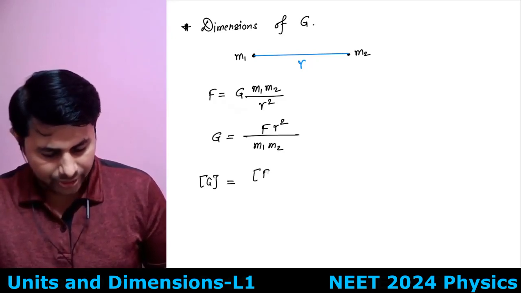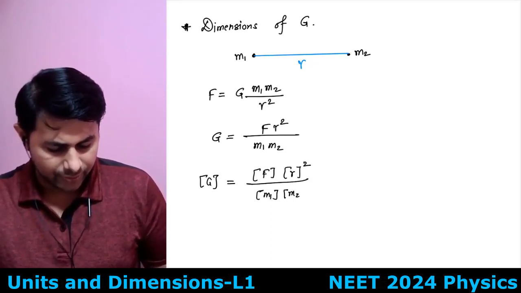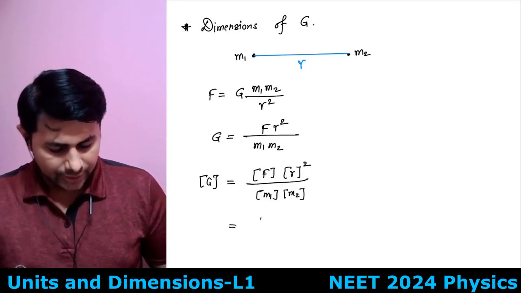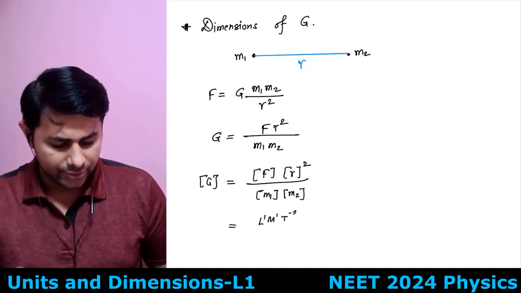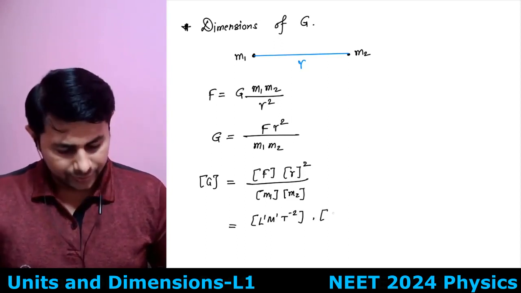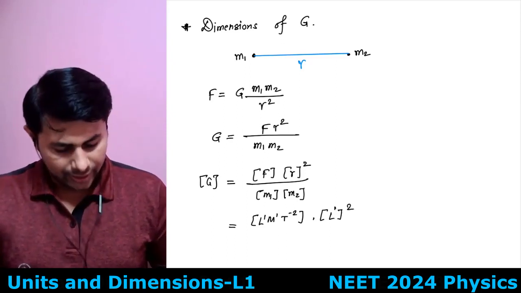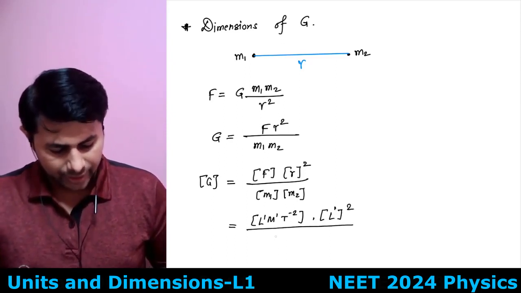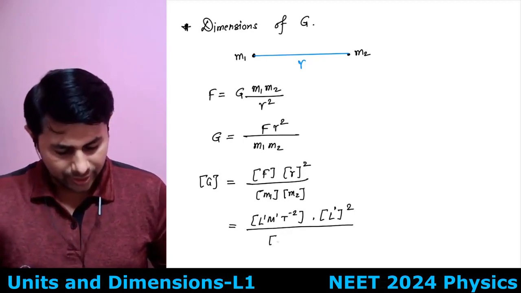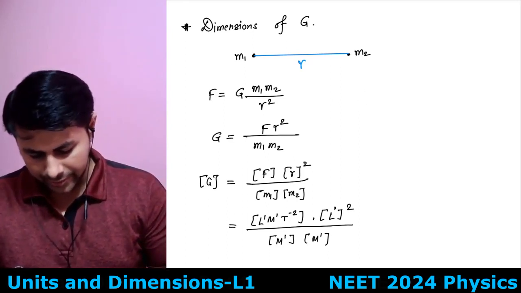So it is equal to the dimensions of force multiplied by the dimensions of r squared, divided by the dimensions of m1 and m2. So that is M1 L1 T raised to minus 2. Then I have r, which is length, so the dimensions are L raised to 1, and I have to take the square of that. And then I have m1 m2 in the denominator. These are masses, so M raised to 1, M raised to 1.